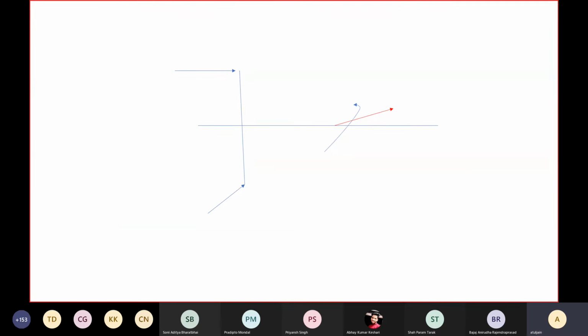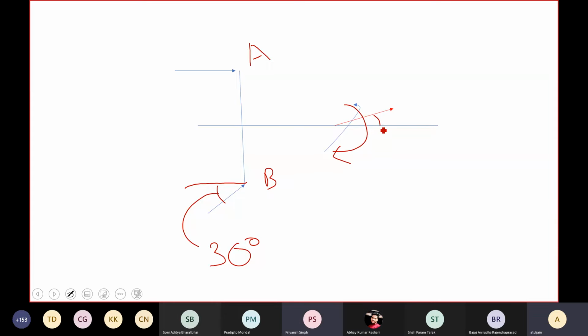So this is point A, this is point B. This angle was given to be what, 30 degrees? 15 degrees, sir. Now, this was replaced by a force and a couple. The angle at point B is 15 degrees.